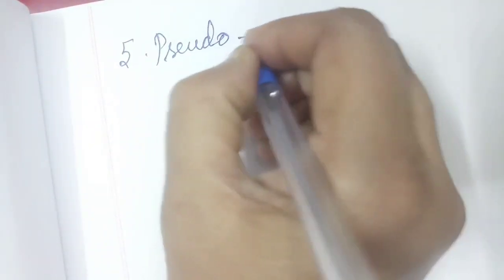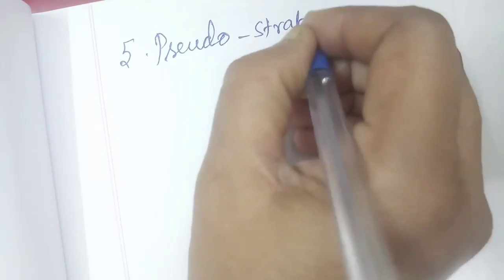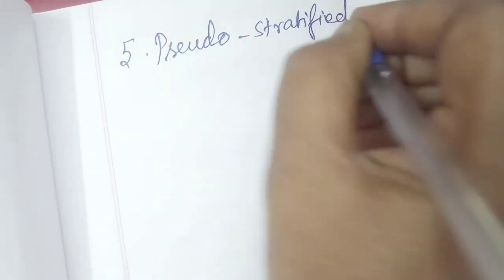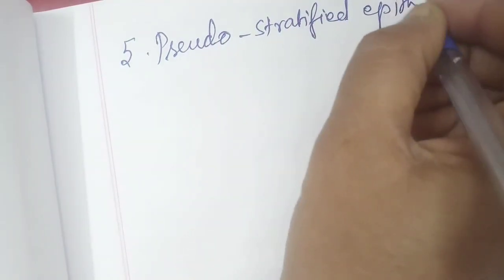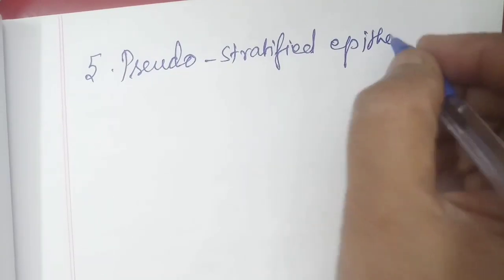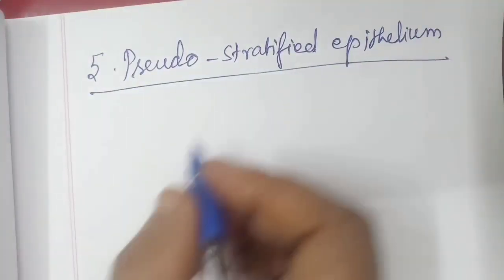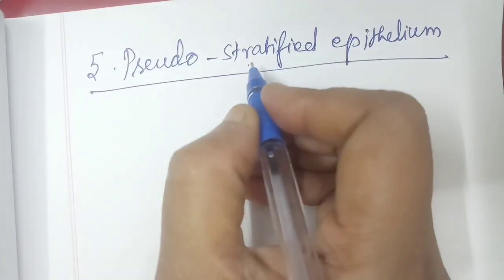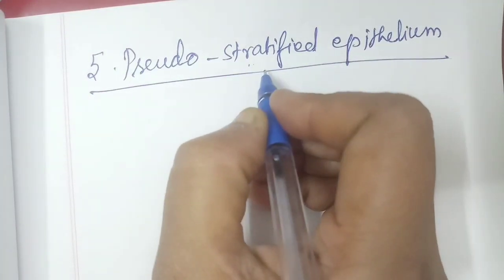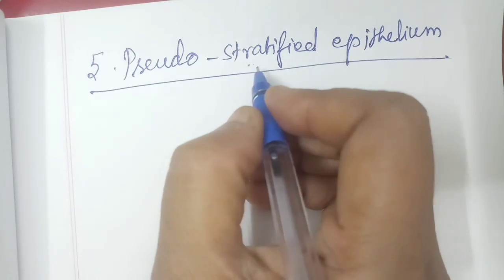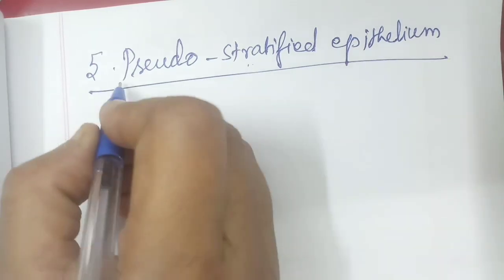Next one is pseudo stratified epithelium. Stratified means layers, many layers, maybe 2 layers or 3 layers. Pseudo means false.